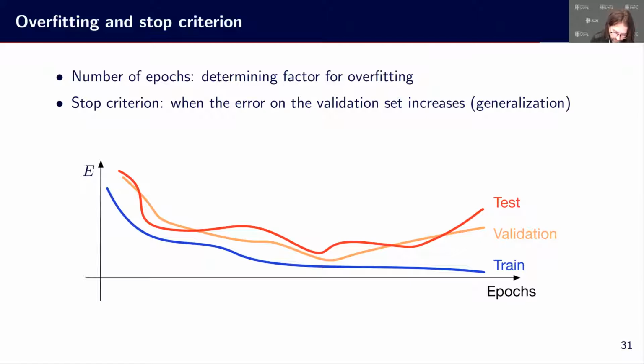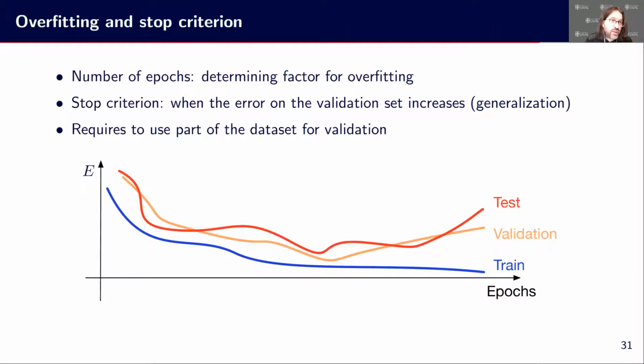So, for example, we can observe that here we reach a point where we see that there was a significant increase in terms of validation error. So we should stop there. And we will backtrack, in fact, to this point where we see that the validation error was the lowest. So this is the point where we expect to achieve the best performance in terms of generalization.